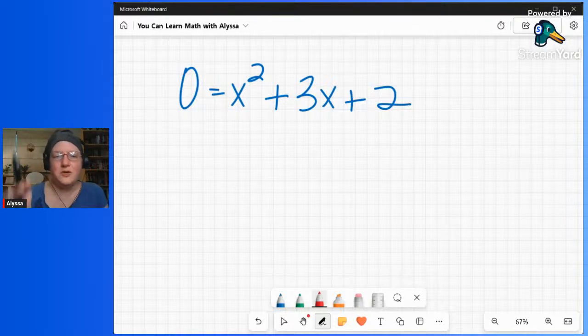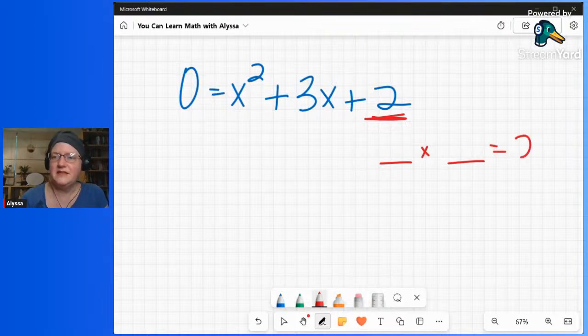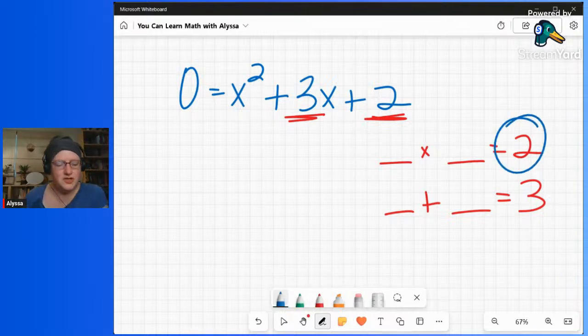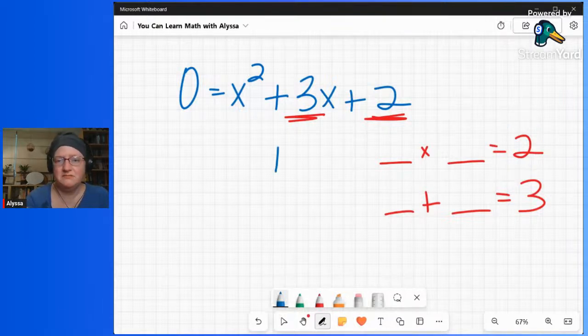When we're trying to factor, it's a puzzle. We want to find two numbers that multiply to get the last constant that's by itself, but add to get that middle coefficient, that b. The easiest way is to look at the constant and ask, what are the factors of it? With 2, it's pretty straightforward. It's prime, so it's only 1 times 2.